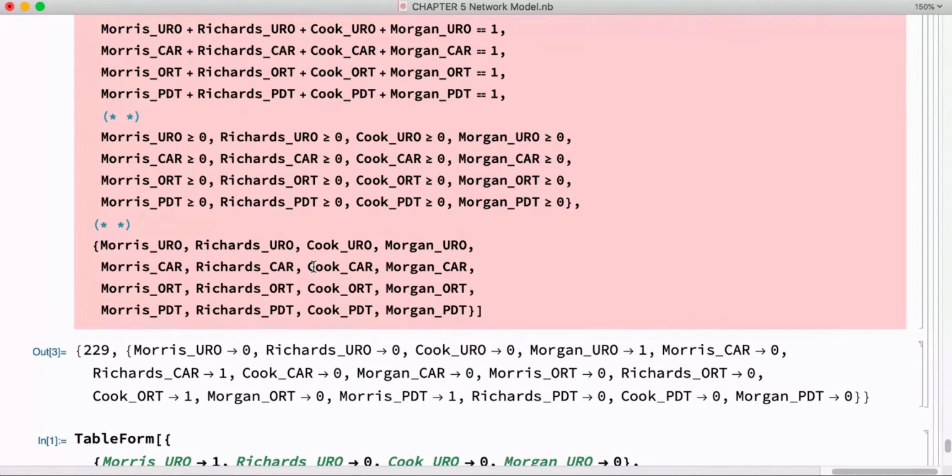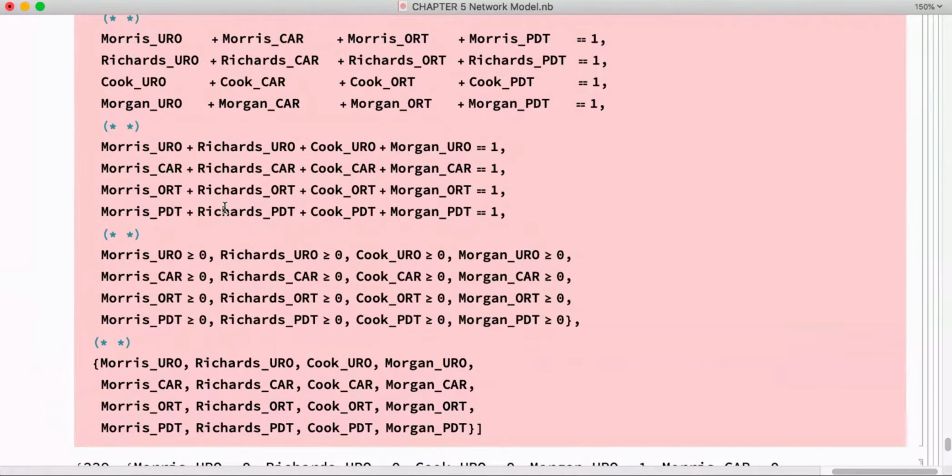Can you do something so that you can put Morris in urology? And if I ask you why you did it, and if Robert asks you why you did it, you will say, I didn't do it, the computer did it.